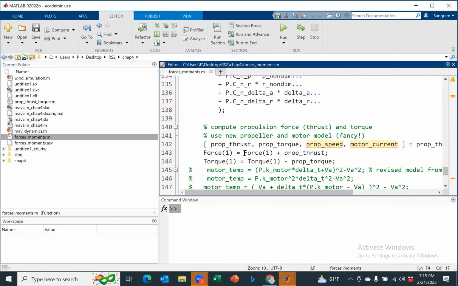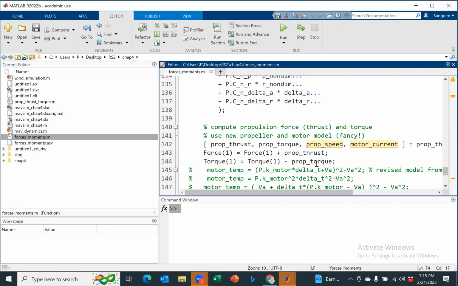And then what you do is you have force 1 and torque 1, you get prop thrust and prop torque. Please understand, prop is fixed to the body frame. The torque given by prop will be about the x-axis of the aircraft, and the force given by prop, which is called thrust, is going to be in the x direction.